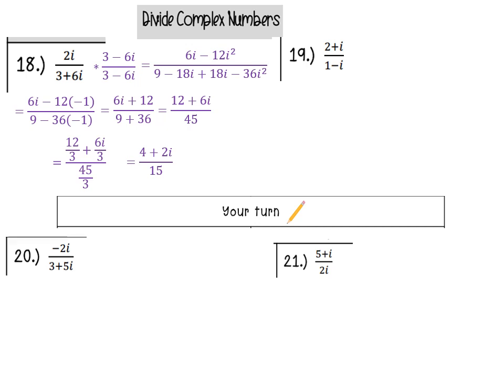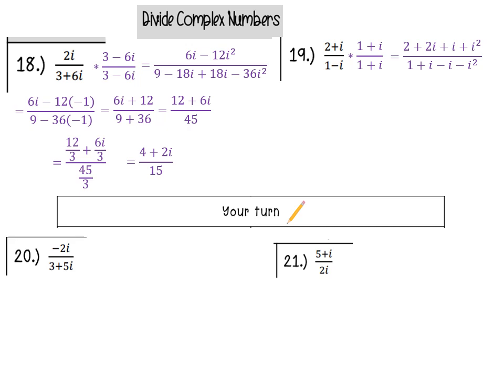Now on the next one, our denominator is 1 minus i, so our complex conjugate is 1 plus i that we multiply the top and bottom by. And on top, that's going to be 2 plus 2i plus i plus i squared, and on the bottom, 1 plus i minus i minus i squared.